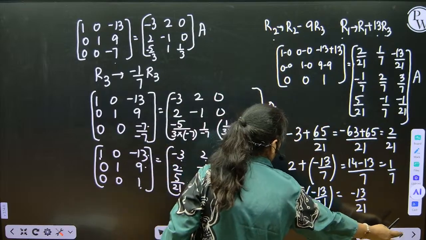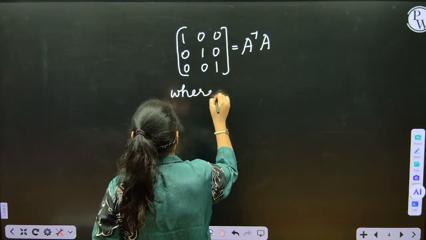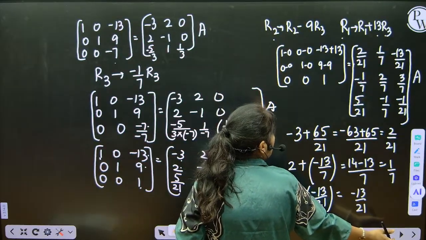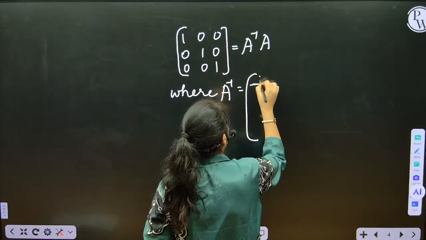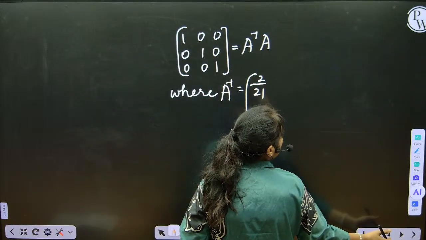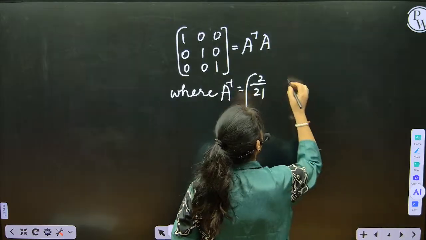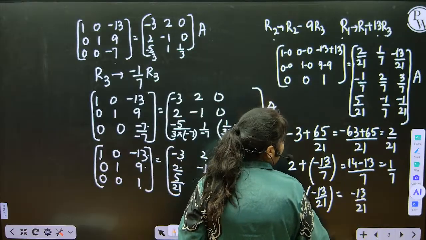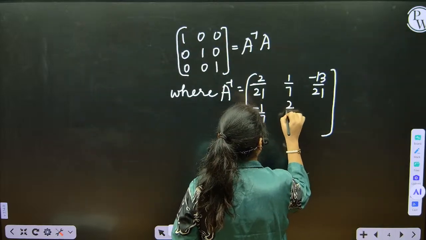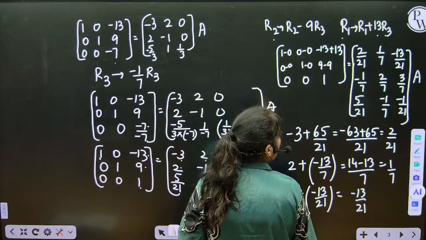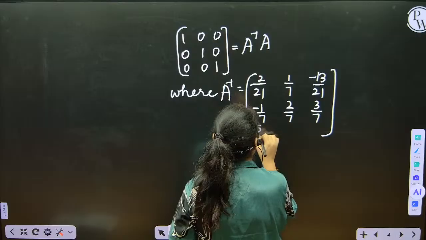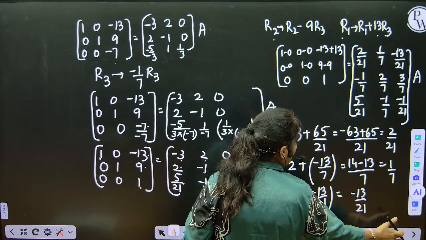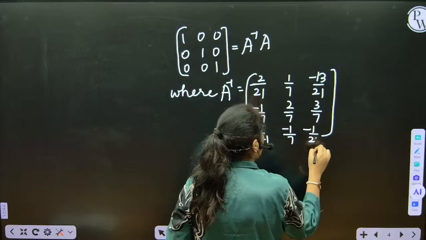So I'm writing it, where A inverse is minus 2 by 21, 2 by 21, 1 by 7, minus 13 by 21, minus 1 by 7, 2 by 7, 3 by 7, 5 by 21, minus 1 and minus 1 by 2. This is the matrix.